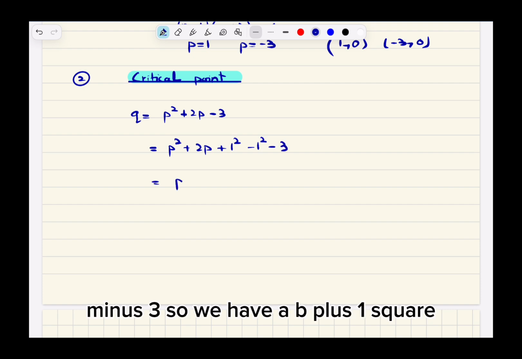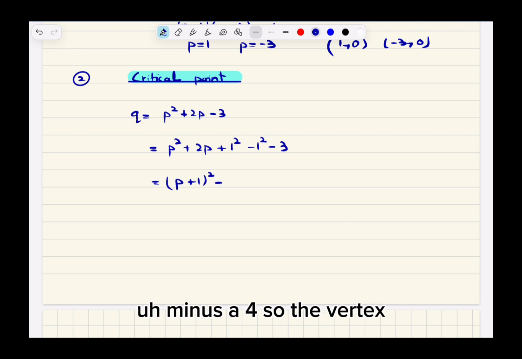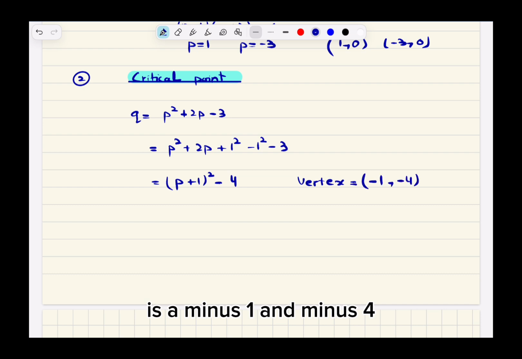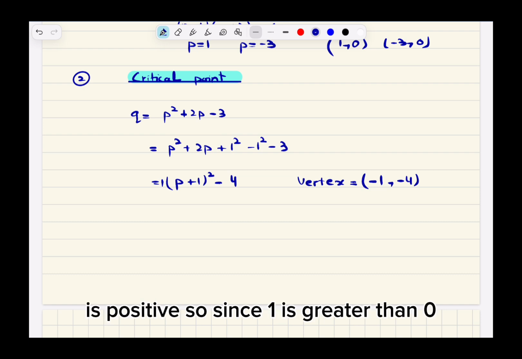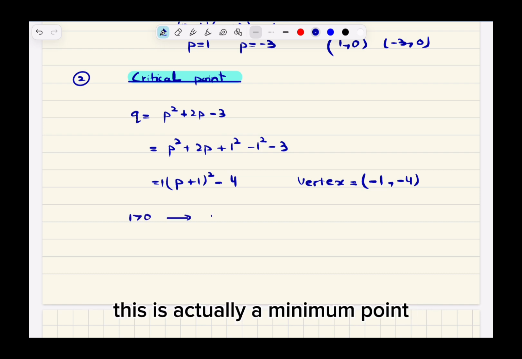So we have (p plus 1) squared minus 4. So the vertex is (-1, -4). And since the coefficient is positive, since 1 is greater than 0, this is a minimum point.